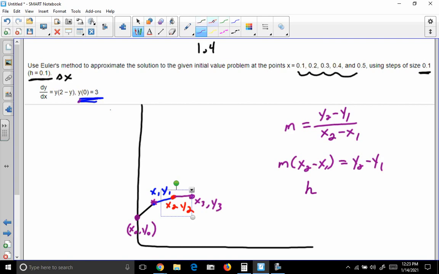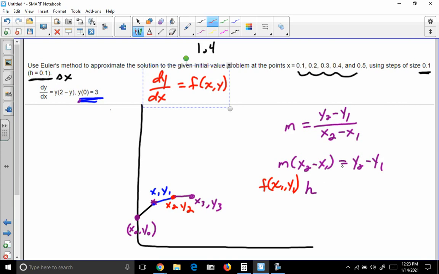Now, in the generic form of the differential equation, dy over dx equals f of x, y. So the derivative with respect to x is some function of x and y. So we evaluate our function at the first x and y, and that equals y2 minus y1.